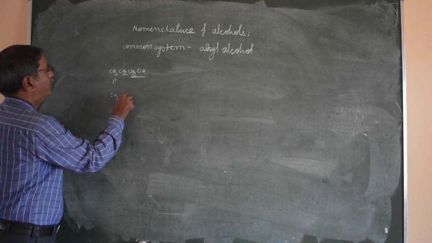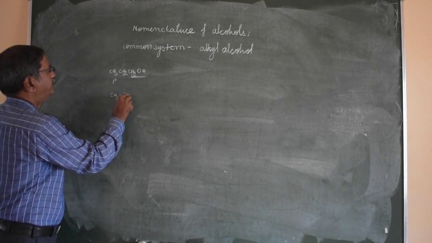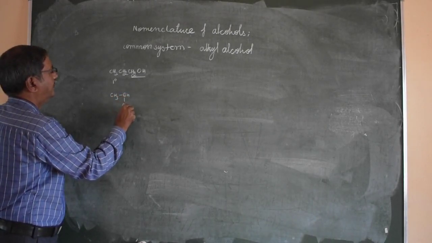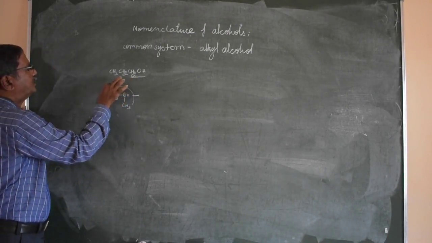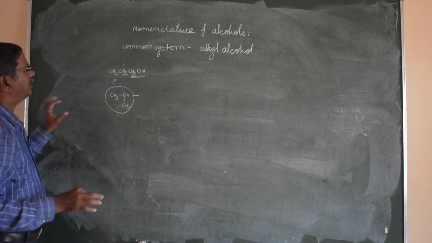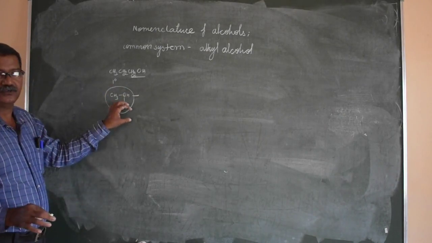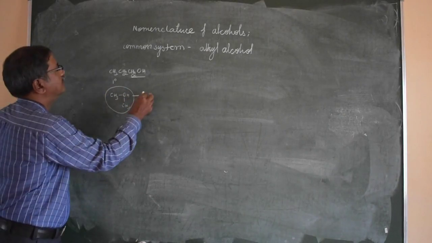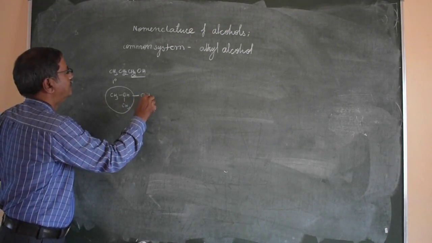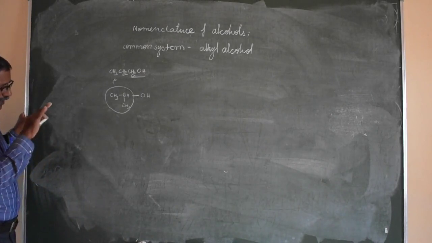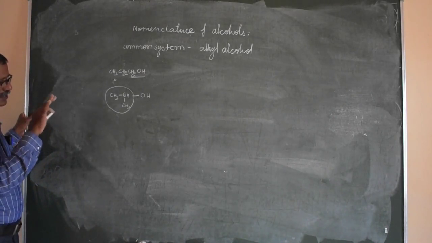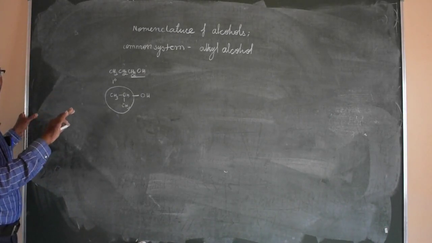Remember, this is very important: there is a difference between iso and secondary. CH linked to two CH3 groups is called iso, so it's isopropyl alcohol. Means you have to identify primary, secondary, tertiary or neo.